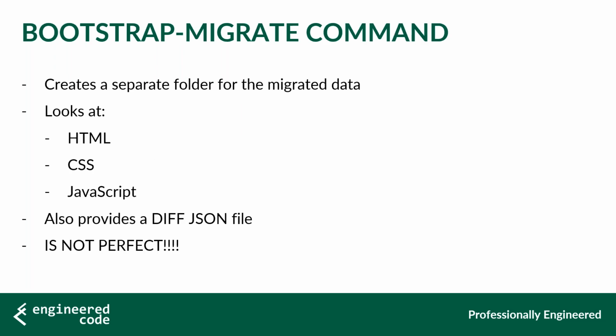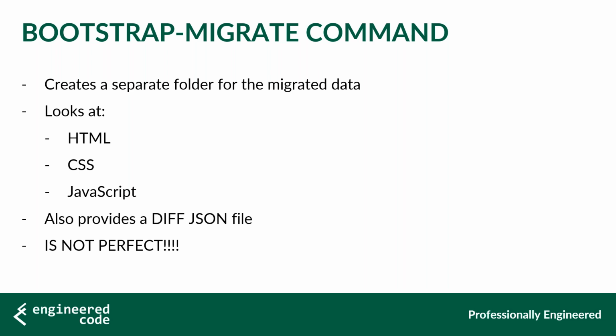So again, we'll look at this in practice. We'll look at what the tool actually produces. But just at a high level, the bootstrap-migrate command in the Power Platform CLI creates a separate folder for the migrated data.